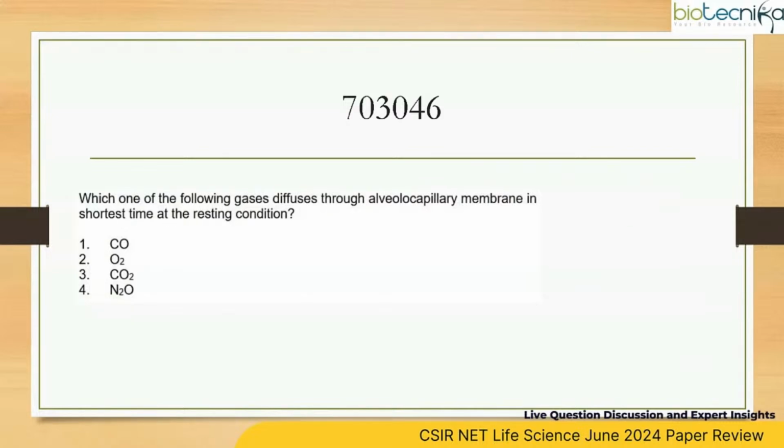So the question is, which one of the following gases diffuses through alveolo-capillary membrane in shortest time at the resting condition? So these are the various gases, but we have to find out which will be undergoing fastest diffusion. Okay, shortest time means faster it can diffuse.